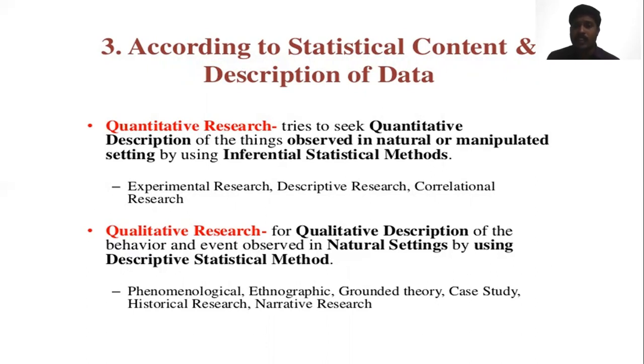Even the words represent that quantitative research seeks the quantitative description of the things observed in natural or manipulated setting. Differing from it, qualitative research concentrates on the behavior or the characterization of an event. So the various types in quantitative and qualitative are given in the slide.